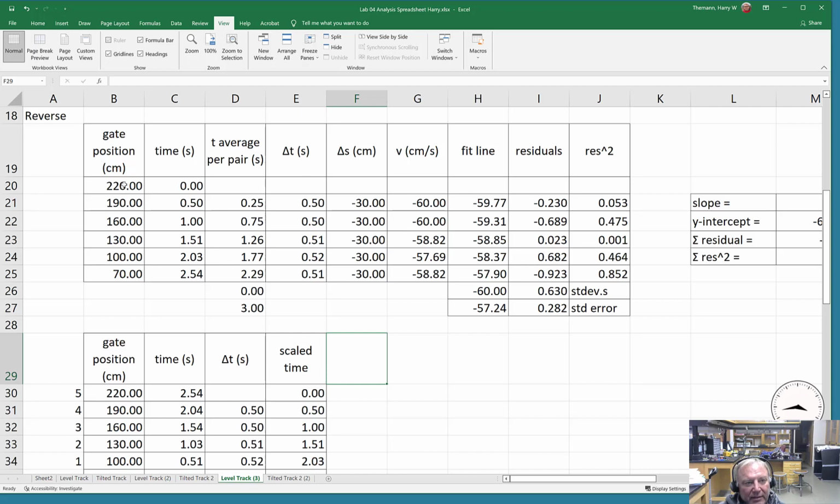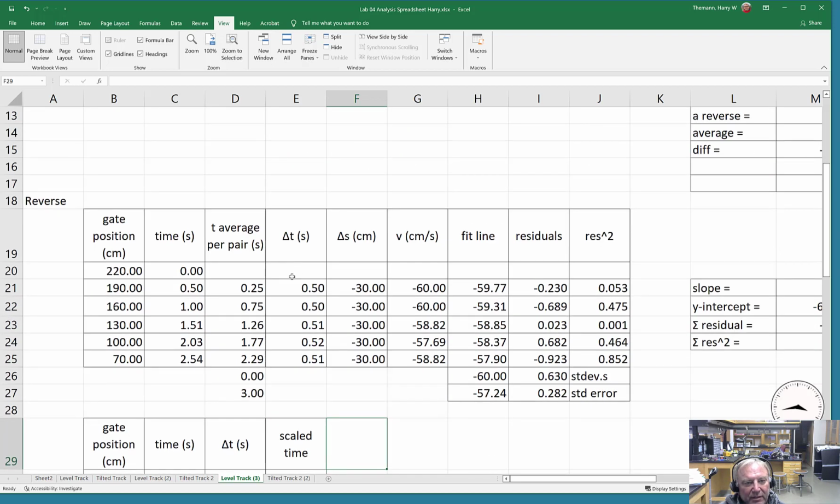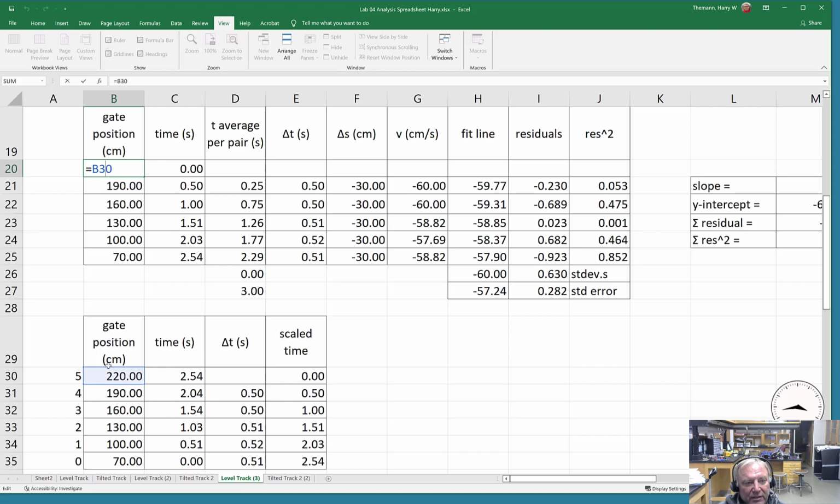Now I go back up, and in fact, I have this table here, and I can just copy paste this table down to here. And look what I've done. I just said this equals that one here, B30. And now this equals the scaled times.